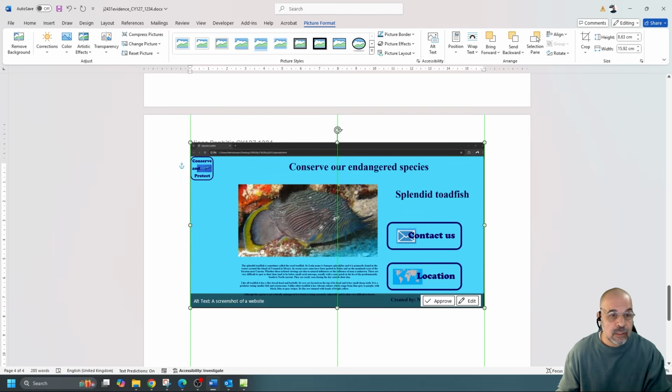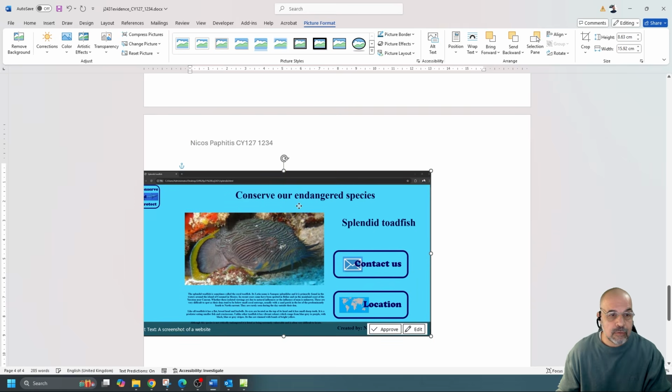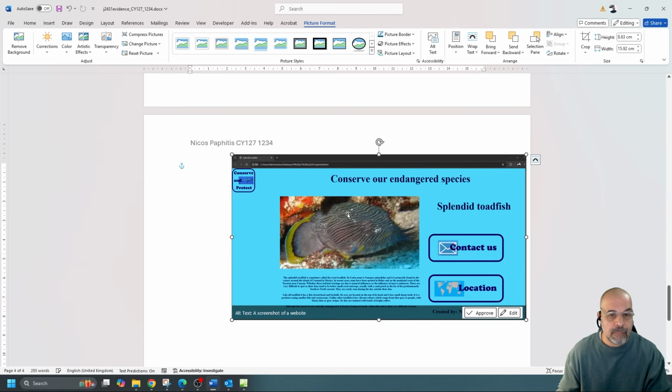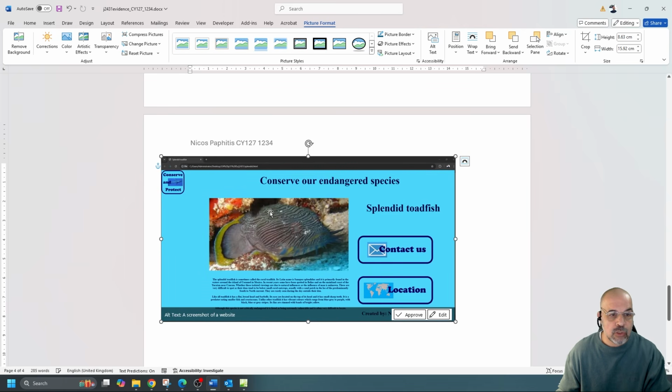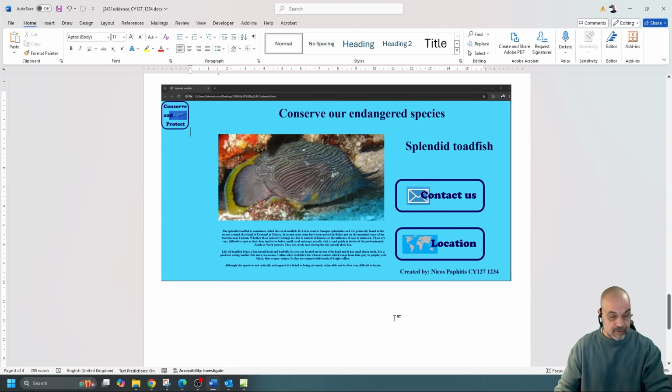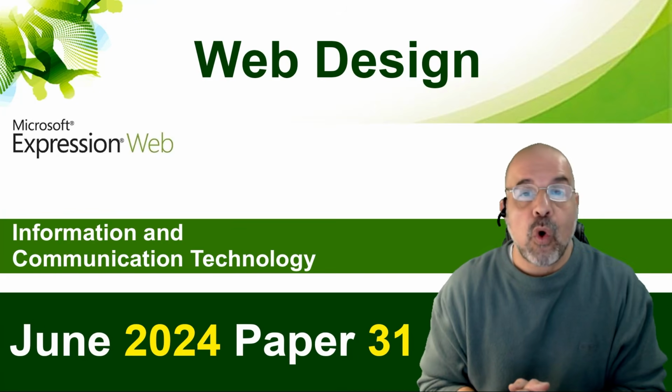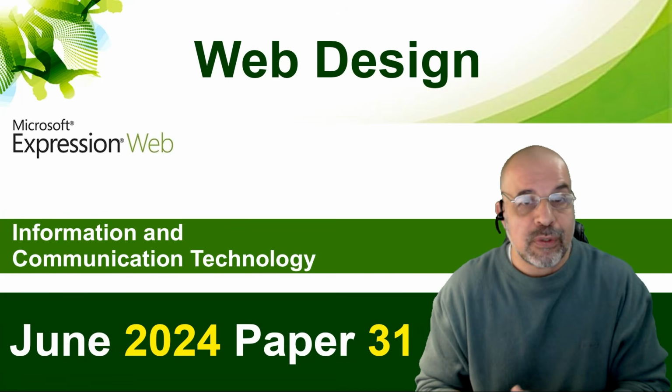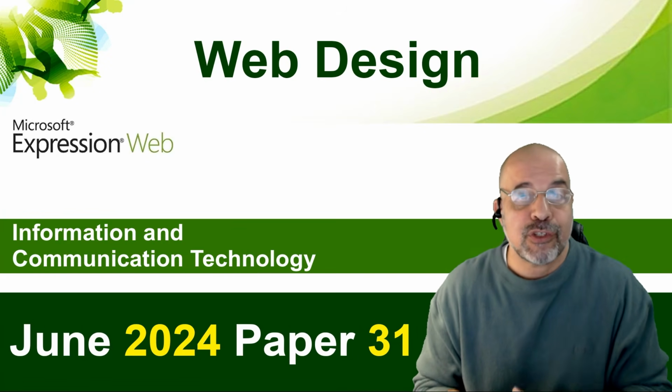That's easier. Just drag that over a little bit so I can make it just a little bit bigger, but just make sure that you can print all of it. Okay, and that's it. Okay, that was paper 3-1, June 2024, using Expression Web.